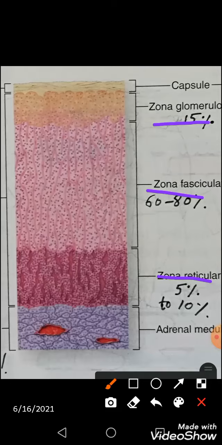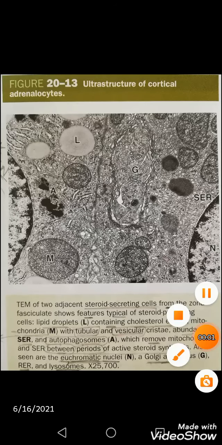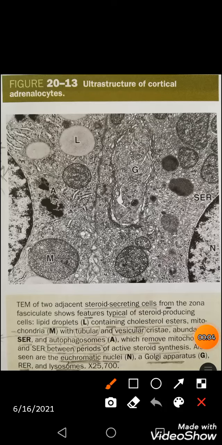Now we have to learn what cells are there and their characteristic features seen as ultrastructure. Right? In this picture you can see the ultrastructure of the adrenocyte, or steroid secreting cell, present in your adrenal cortex. Here lie two adjacent cells of the adrenal cortex, say zona fasciculata.